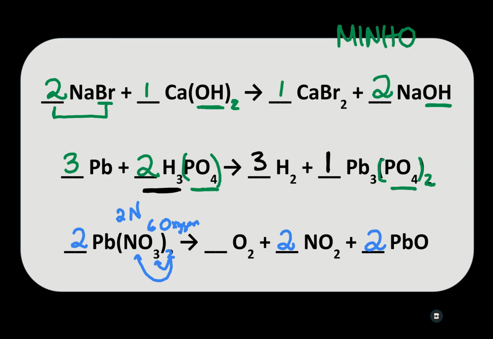product, lead 2 oxide. That changes my lead, so let's see how that affects my oxygen. So I'm going to use a different color so we can clearly see it. So on this reactant, I have 2 times 3 times 2, and that is going to be 12 oxygens. All right.